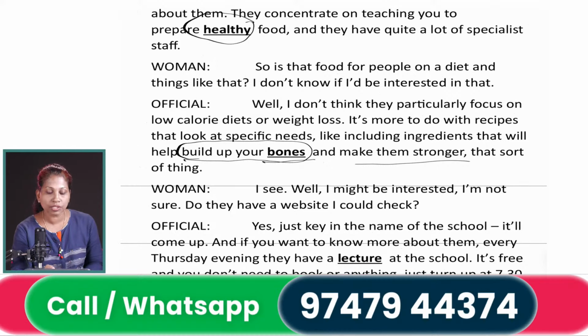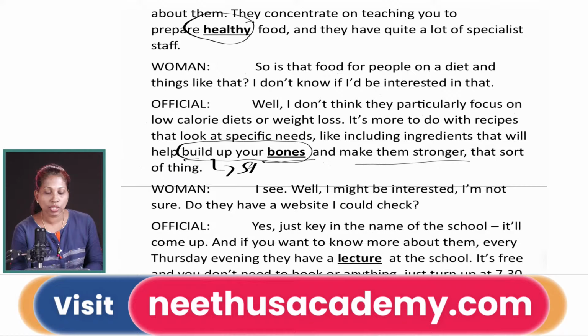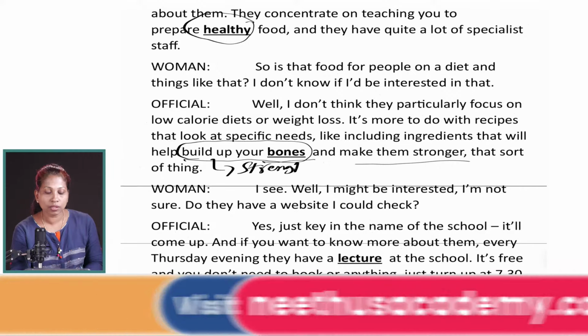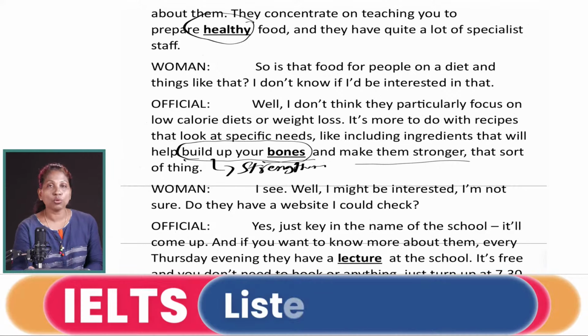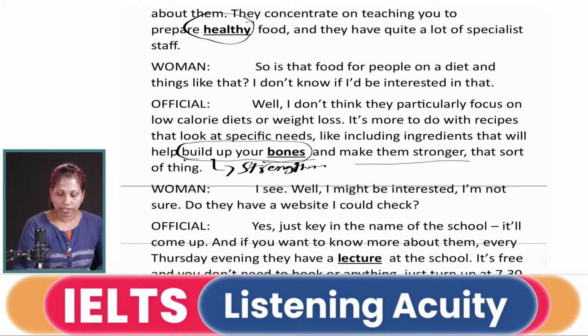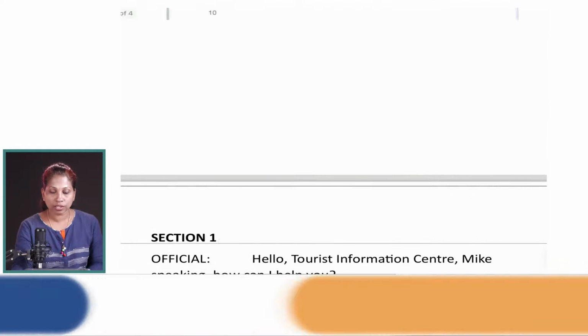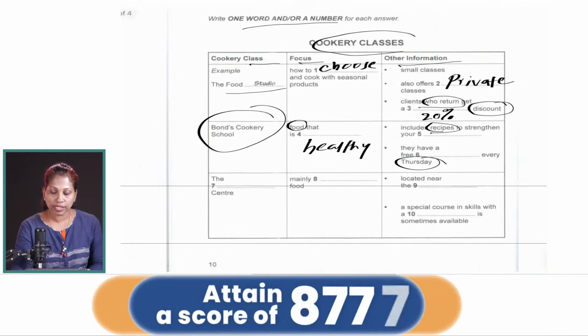Build up means strengthens, it is synonymous to strengthens, right? So that's why the answer for that blank is bones. It will be the answer for blank number 5. Yeah, this is bones.